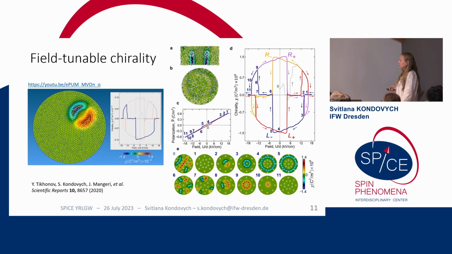And we see indeed that with the application of electric field, we can destroy a skyrmion and create a skyrmion bubble. Let's say bubble because no intrinsic interaction. And create a skyrmionic bubble with the opposite chirality.